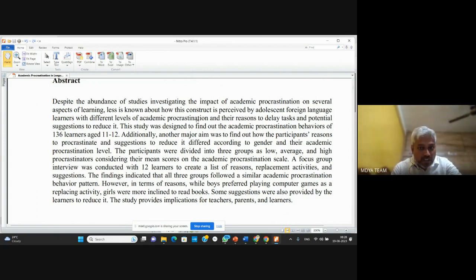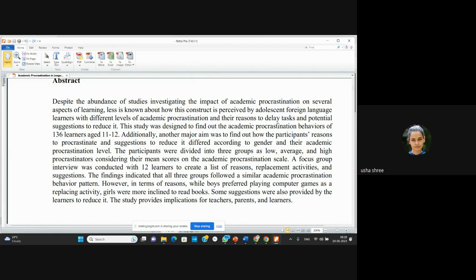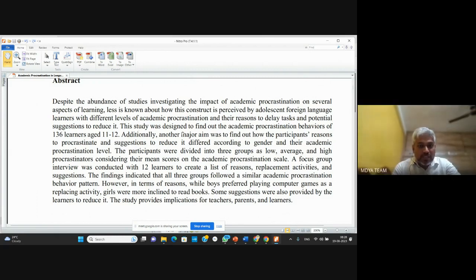So academic procrastination is a variable, right? Yes, so here academic procrastination is a variable, and adolescent foreign language learners is another variable, right? So this study was designed to find out the academic procrastination behavior of 136 learners aged.